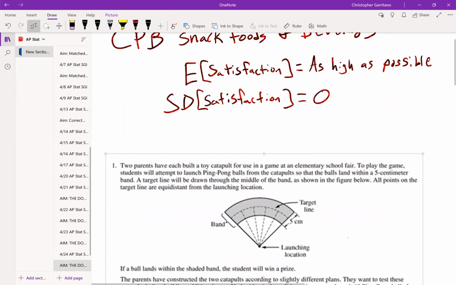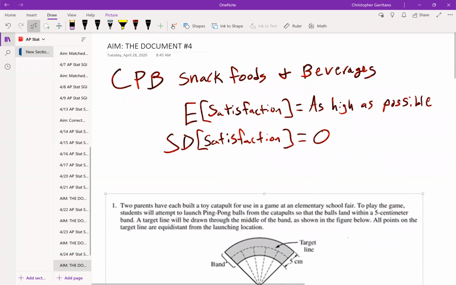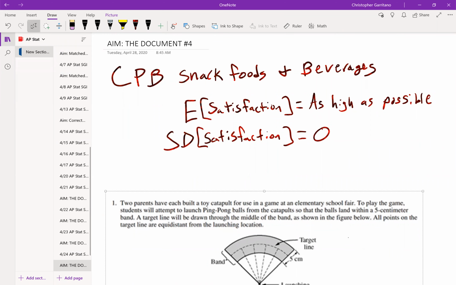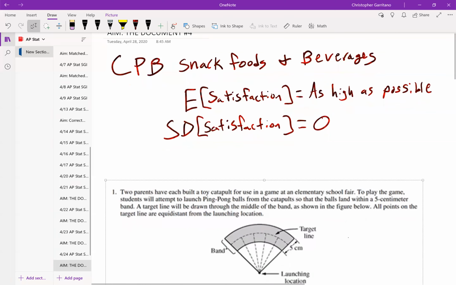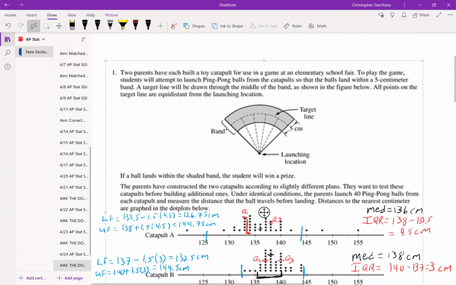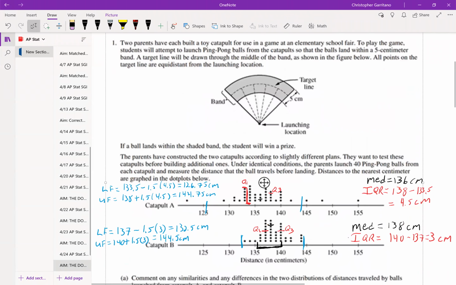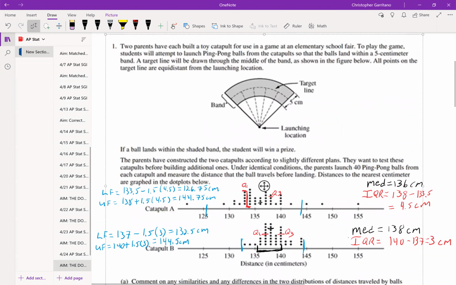So this problem dealt with one of the topics that we learned very early on, and that is describing a distribution of quantitative data. Looking into it, the data that we're analyzing here are distances that a ping pong ball is launched, in centimeters.